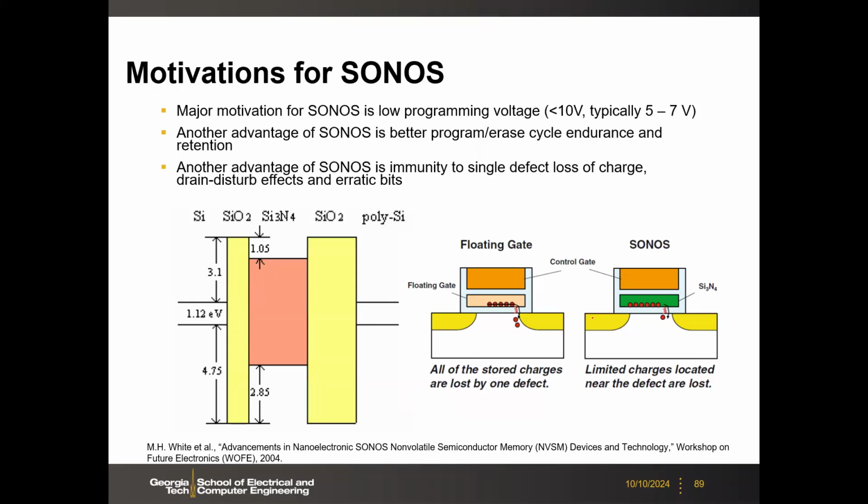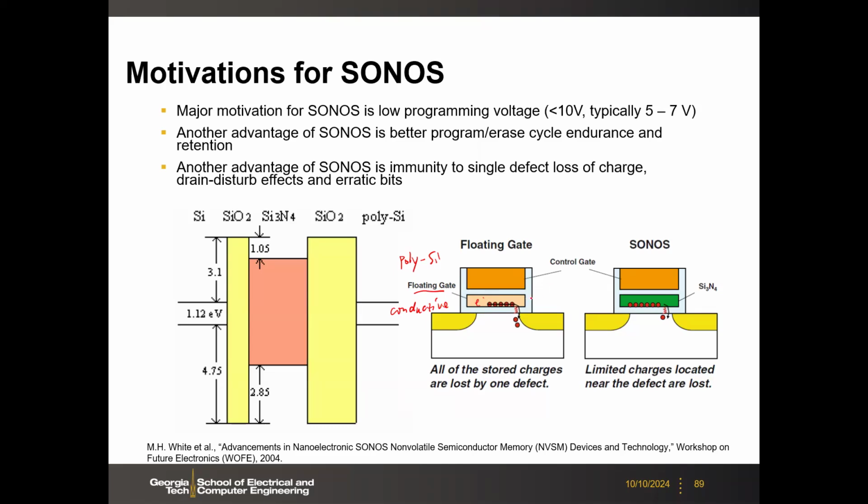And one key difference between the polysilicon floating gate versus the nitride is that the polysilicon floating gate is conductive. That means the electrons in the floating gate can flow.